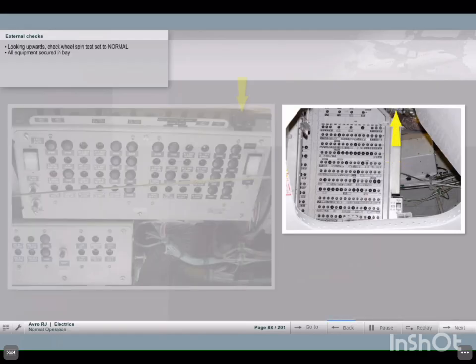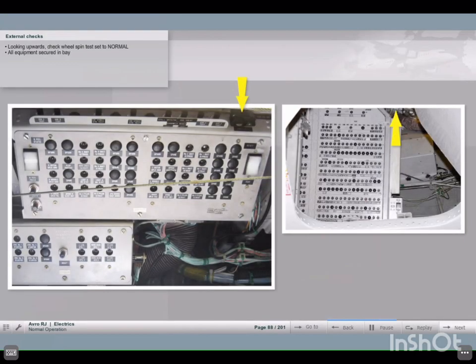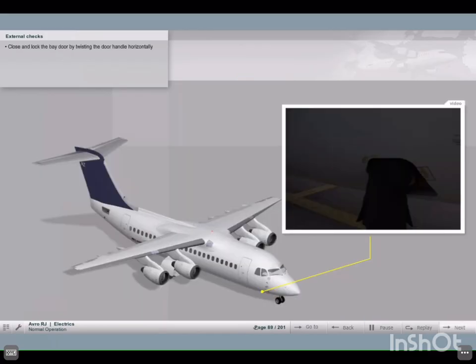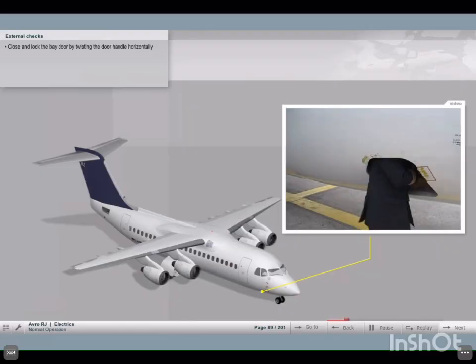Looking upwards, check that the wheel spin test switch is set to normal and that all equipment in the bay is secured. Having completed the checks within the electrical bay, close and lock the access door by twisting the door handle to a horizontal position.